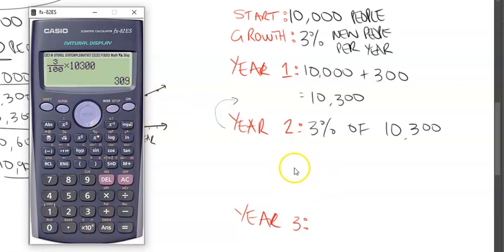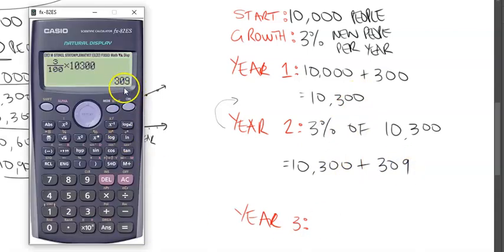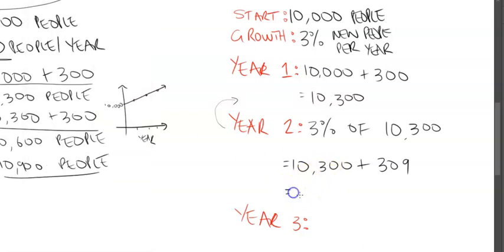Now we have 10,300 from the previous year plus 309 new people. So the rate of how many people are going in per year has changed from 300 to 309, which is 9 more. And that makes sense because if there's more people in the town, and we take a percentage of that new amount, we're expecting a higher growth amount.